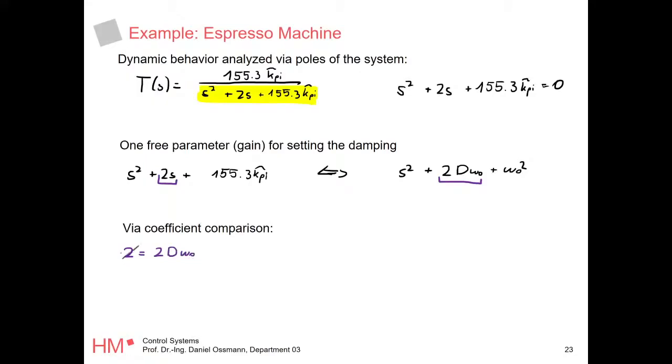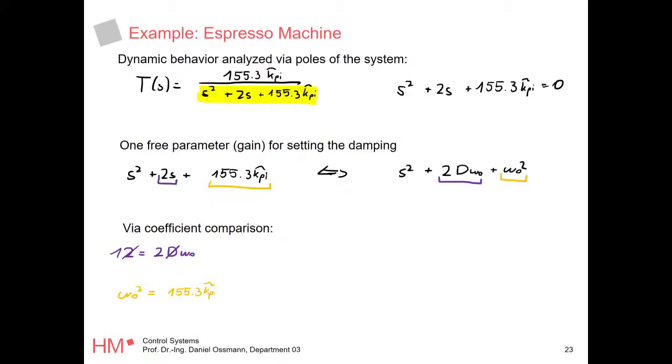Okay, we can make that a little bit easier and cancel this one. And we can compare this one: omega 0 squared is equal to 155.3 kPi. So here you actually see, if you change your gain kPi, you change the frequency, right? So there's a direct connection here.